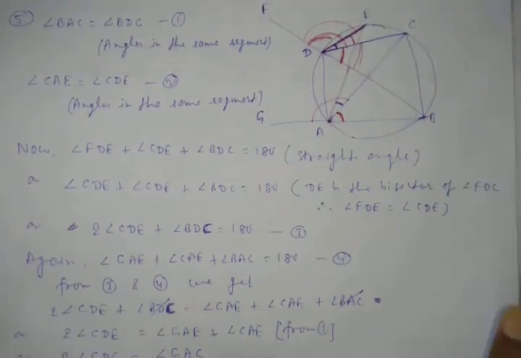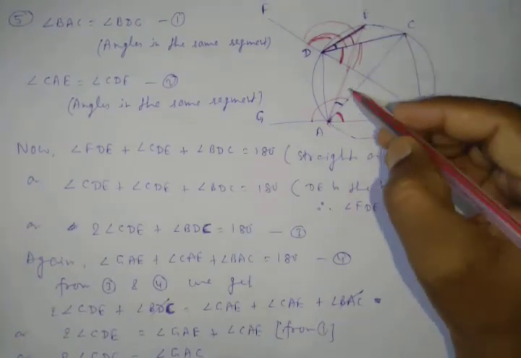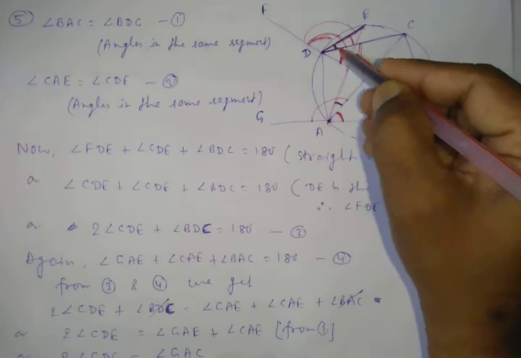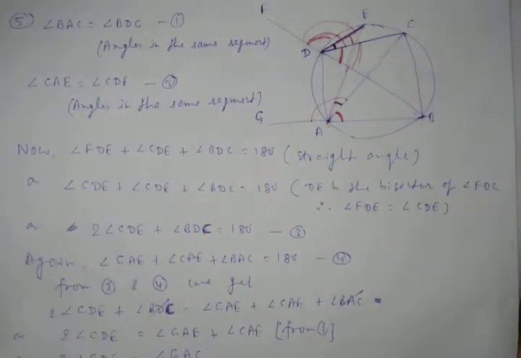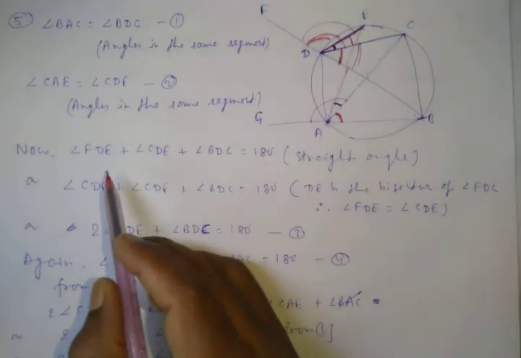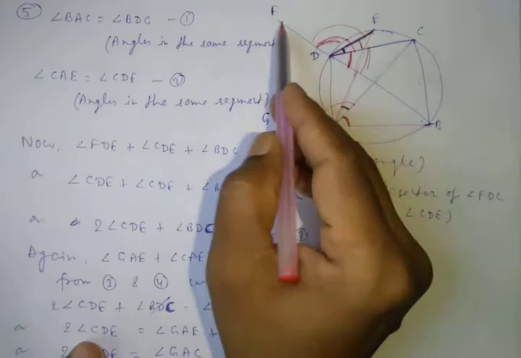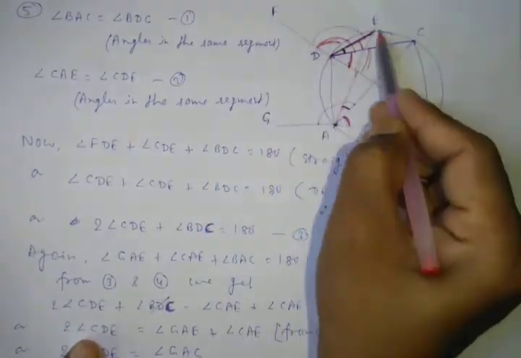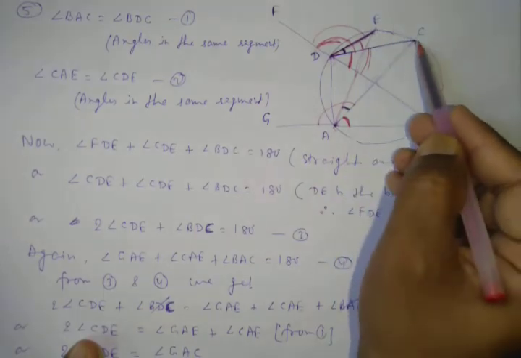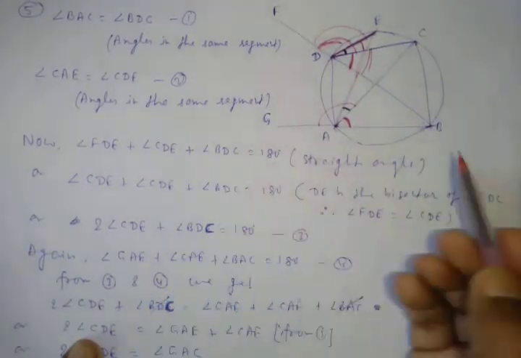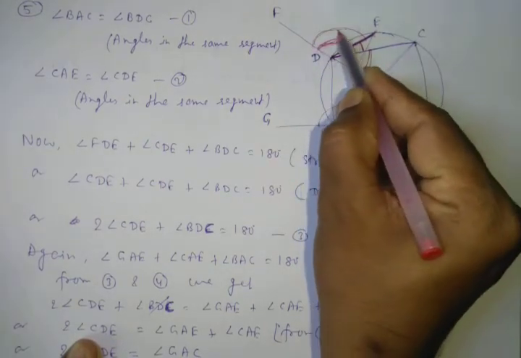And next angle CAE, that is this angle, is equal to this angle also. They are also equal, because angles in the same segment are equal again. So now at this point we can write that angle FDE plus EDC, or CDE, plus angle CDB, or BDC. See clearly, it is complex here.